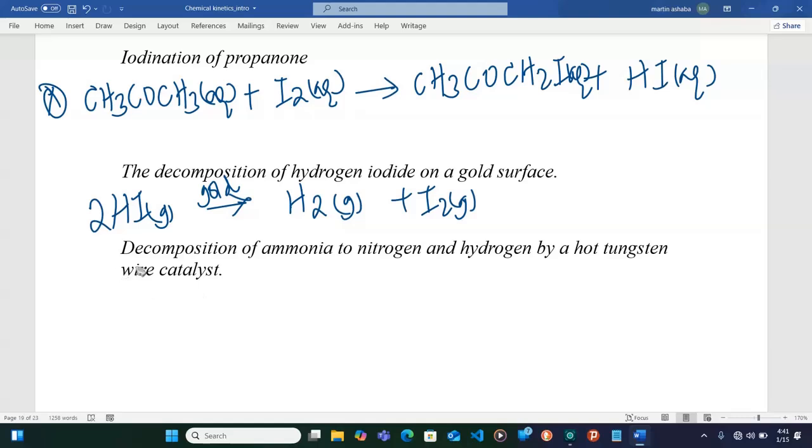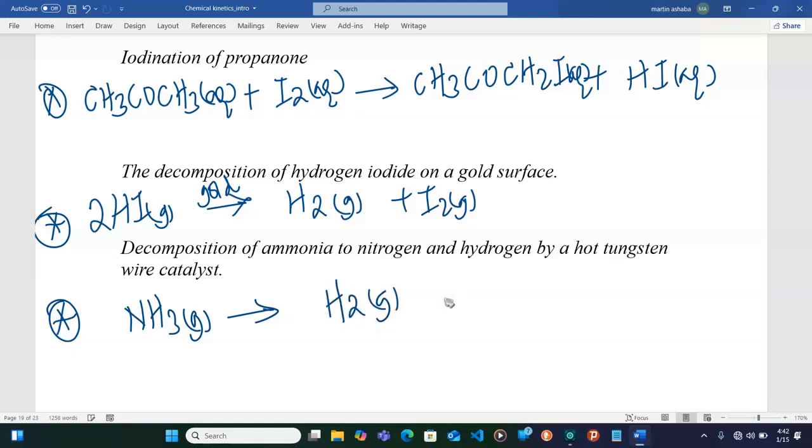Then we have the decomposition of ammonia to nitrogen and hydrogen by hot tungsten. So this is also another example. So you have NH3 gas giving you hydrogen gas plus nitrogen gas.